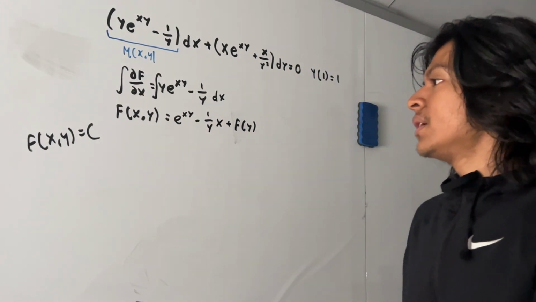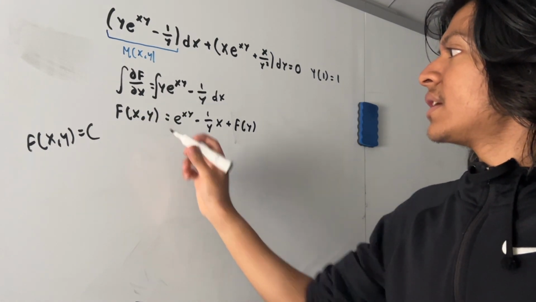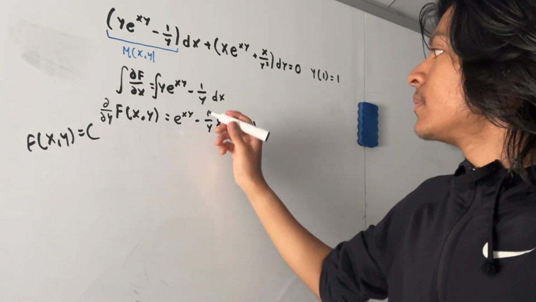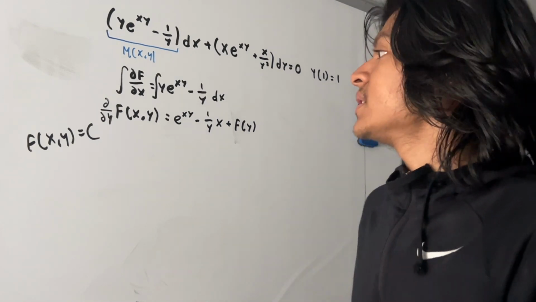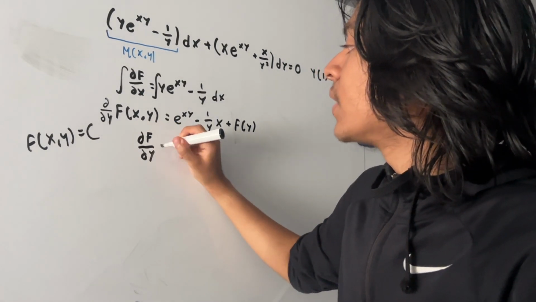Okay. So from this point, we're just going to take the partial with respect to y on both sides. I don't have room here, but I'm taking the partial with respect to y on both sides. So we get the partial of f over the partial of y.